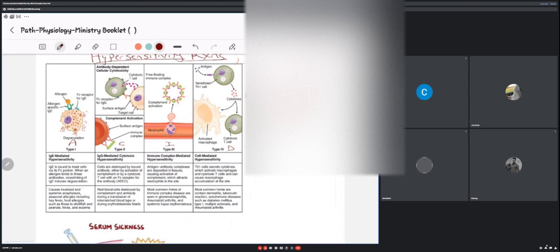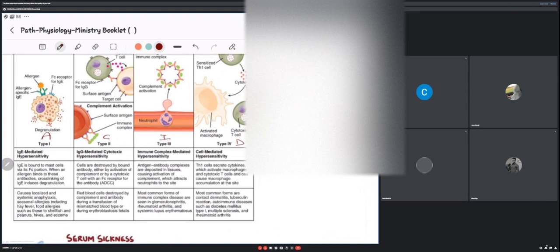Cells are destroyed, that's type 2, which is cytotoxic. When you hear cyto, it means cell. Cytotoxic means a toxin to the cell. So cells are destroyed by bound antibody, either by activation of complement or by cytotoxic T cell, and so on.